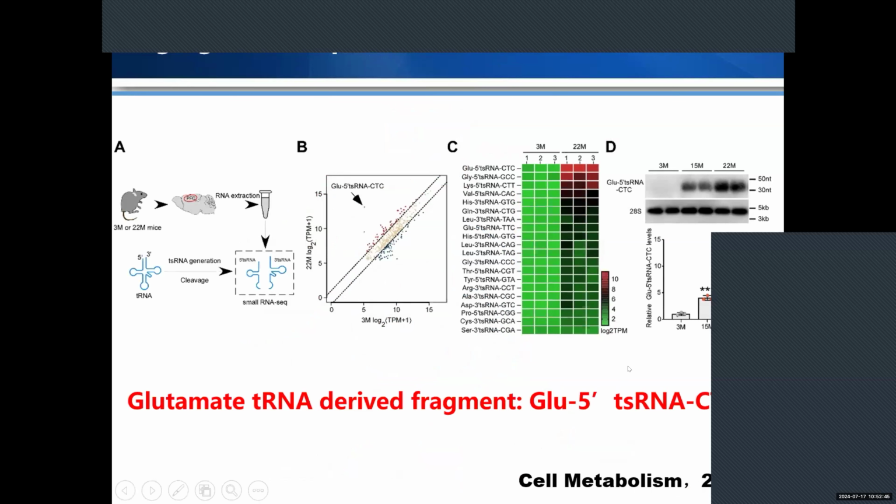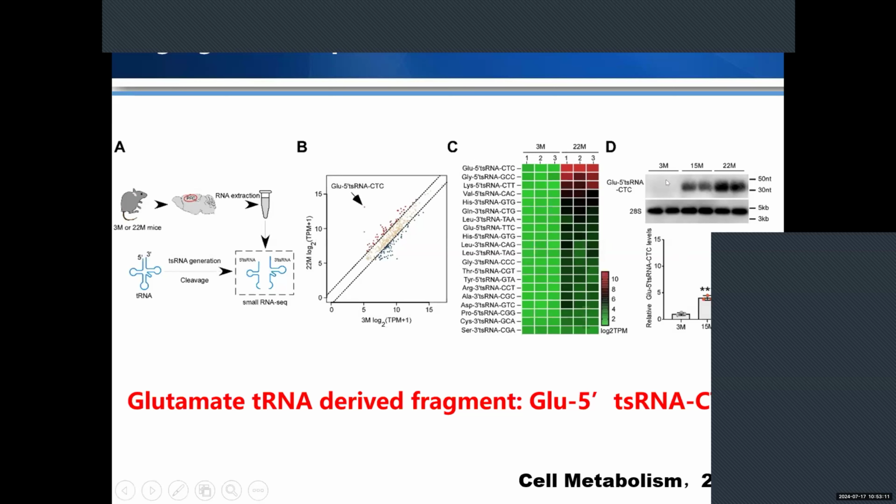After sequencing, we found one particular tRNA fragment accumulated very dramatically. It's called glutamate-derived tRNA fragment, meaning glutamate tRNA gets cleaved and produces this fragment, which accumulates in the brain aging process.